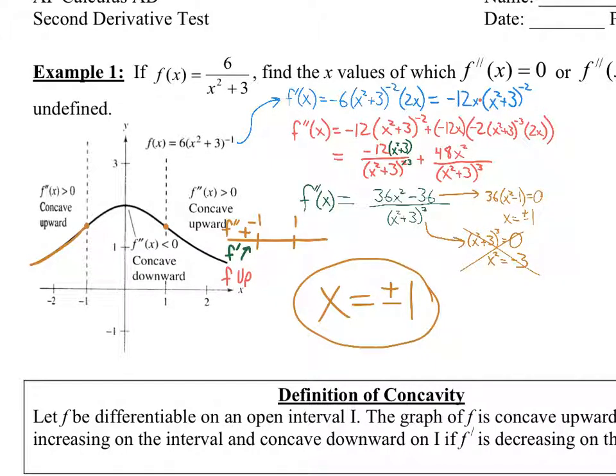If the first derivative equals 0, but the second derivative does not, the second derivative can actually tell us whether it's a max or a min. And that's really what the second derivative test is going to tell us in just a minute. But I want you to understand this concept of concavity. If I were to continue the sign diagram, this would be negative and this would be positive.